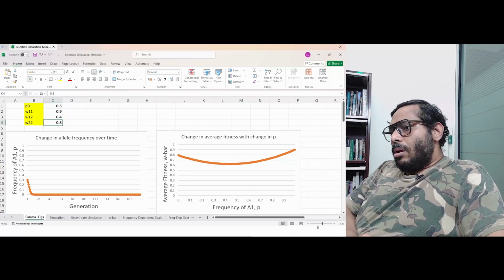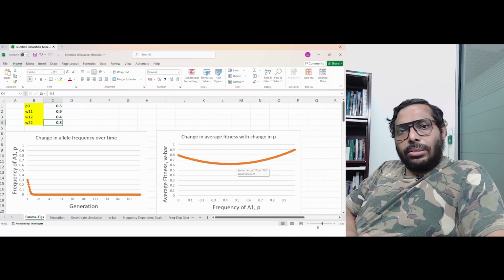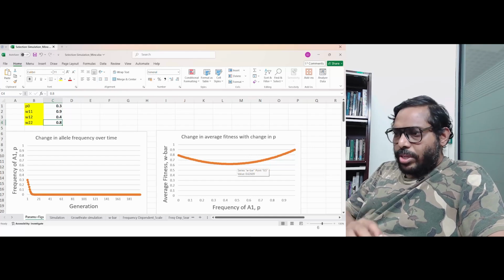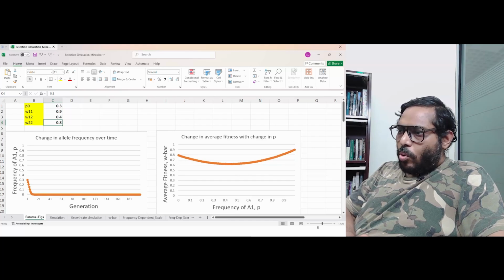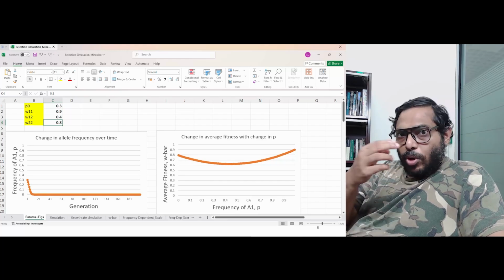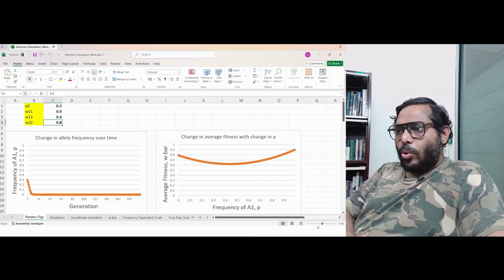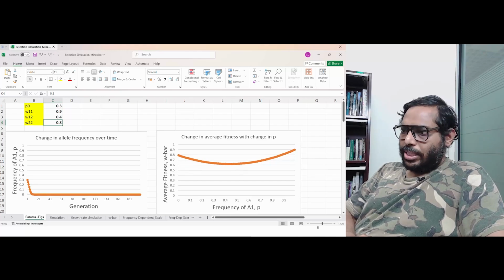Now, the frequency of allele A1 on the right hand side will go up like this and on the left hand side it will go like this. In both situations, W bar, the average genotypic fitness, is going up, but in one case allele A1 goes extinct, and in the other case allele A2 goes extinct.